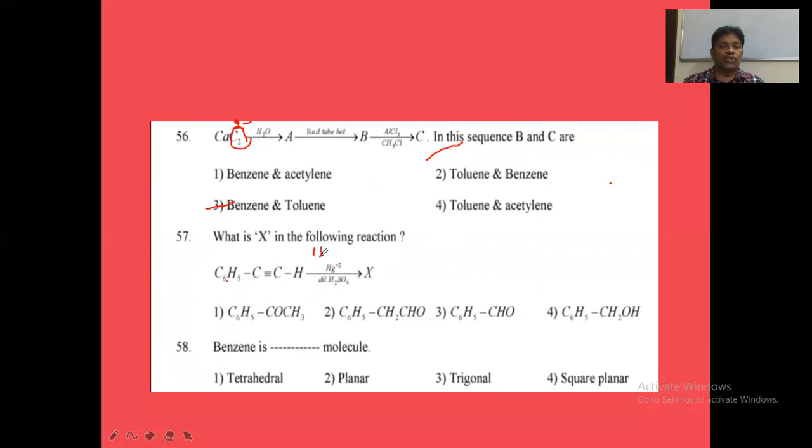H2O is water here. The water is added to this compound. In this case, the two hydrogens will be added to the unsaturated carbon with more hydrogen atoms. Okay.